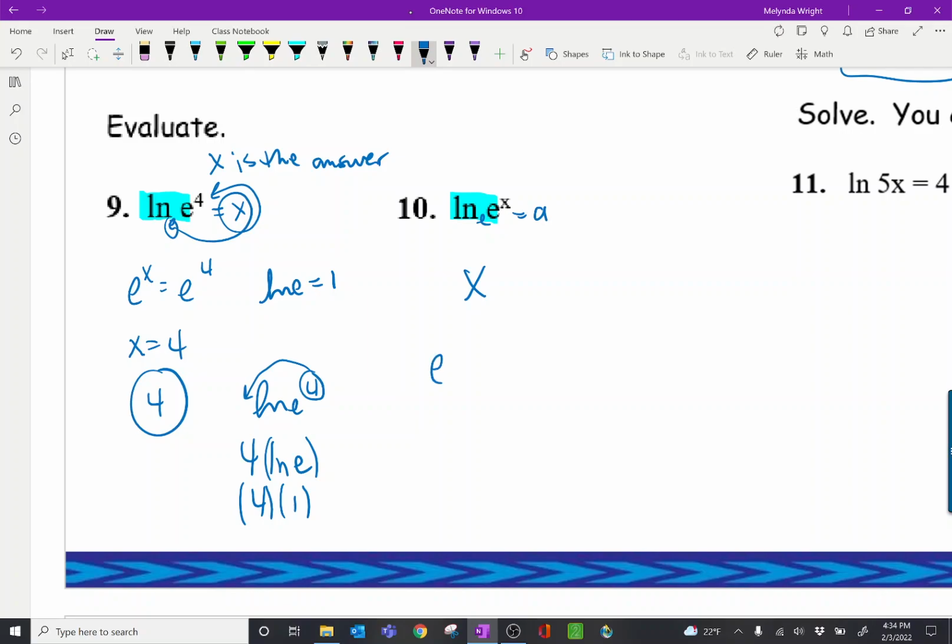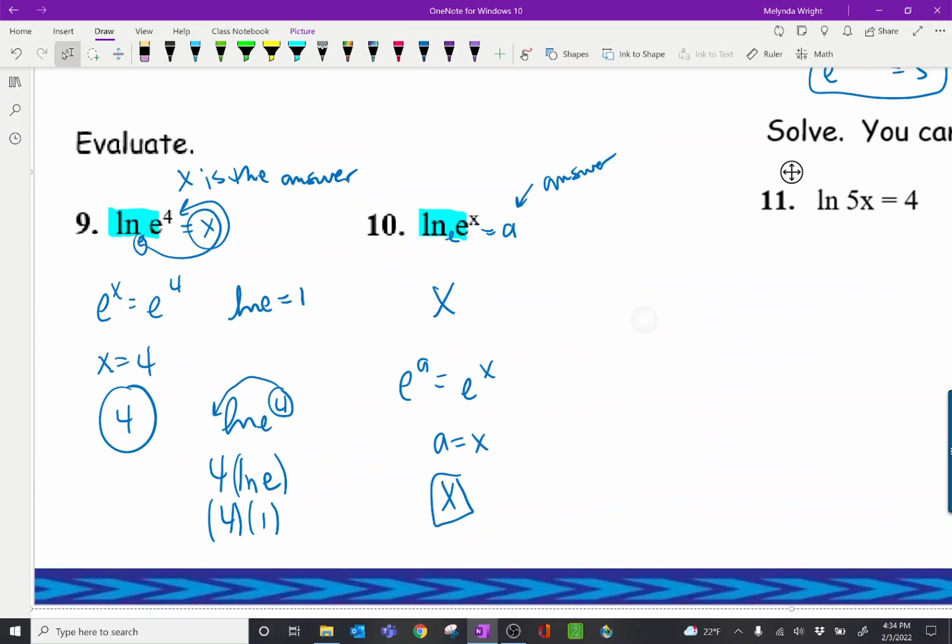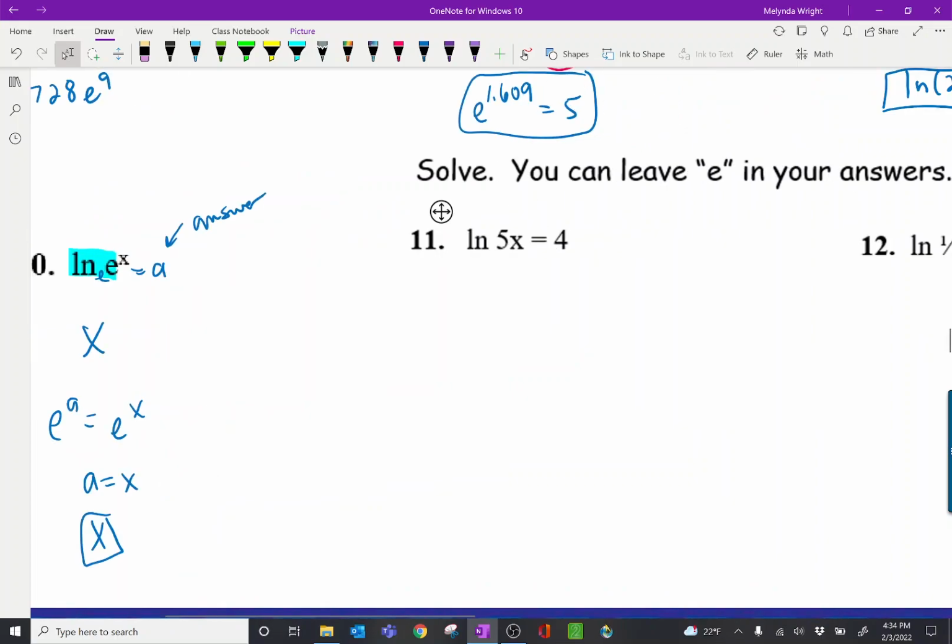So e to the a equals e to the x. So a is x, so our answer is a. So this does collapse to x. All right, I can't tell you how important that is. In calculus this week, we looked at that. It just doesn't go away.